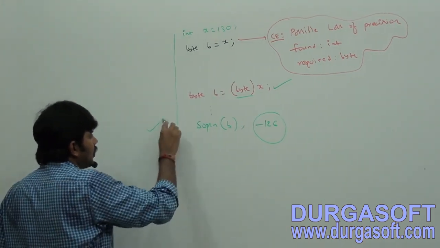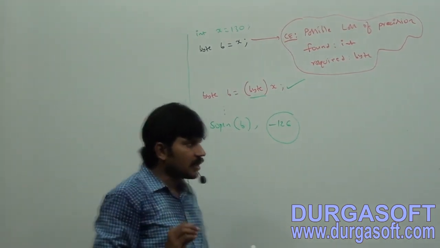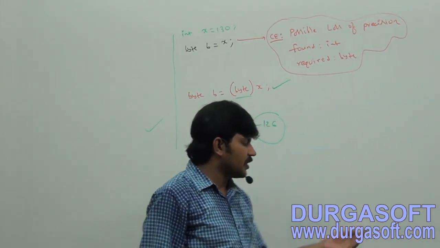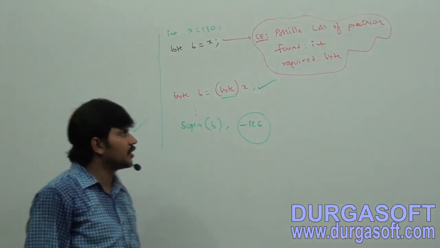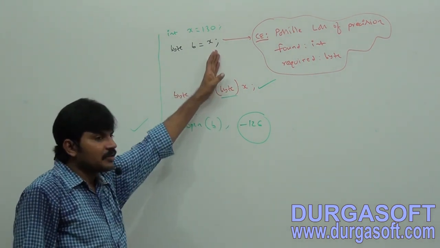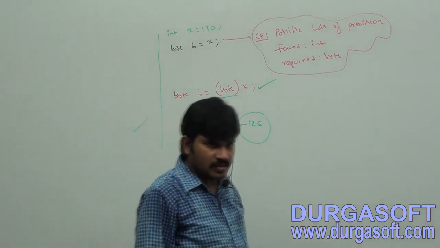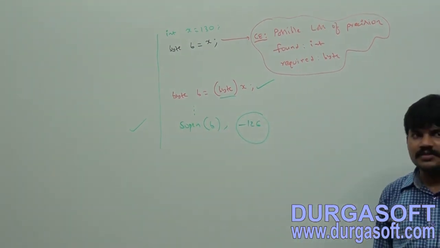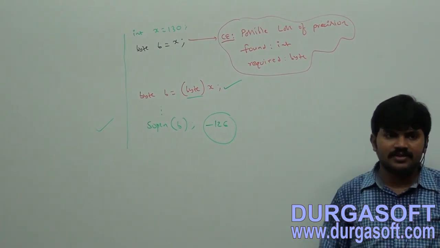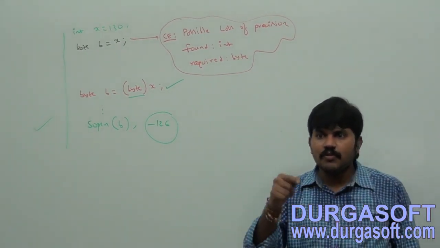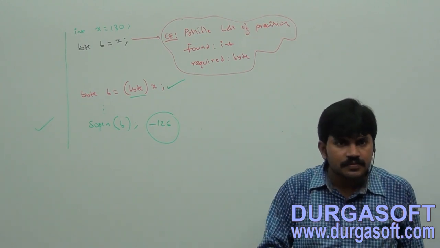Okay. Now the next terminology, make sure you are aware clearly. You may ask, sir, 130, how did it become minus 126? Do you want to know? Because in the exam, they may not ask 130, then you may tell minus 126. They may ask 150, then the answer is?